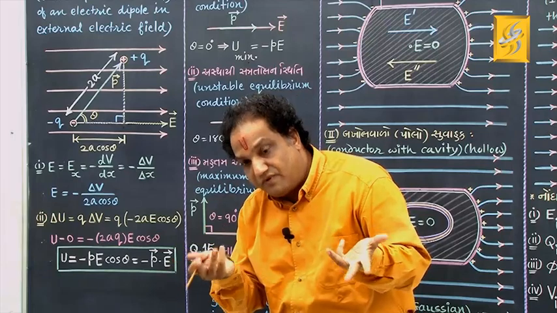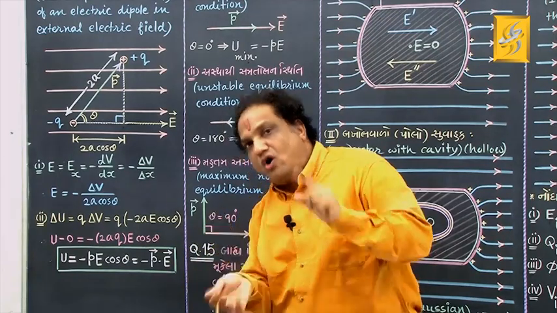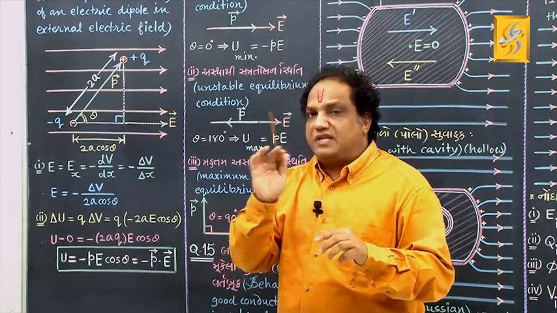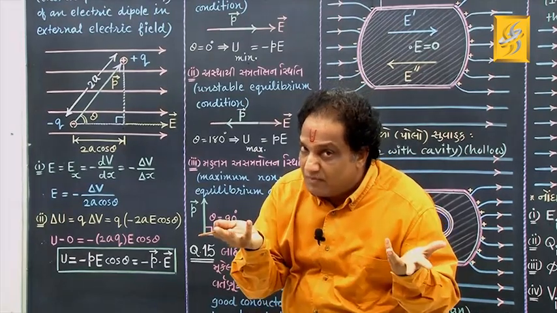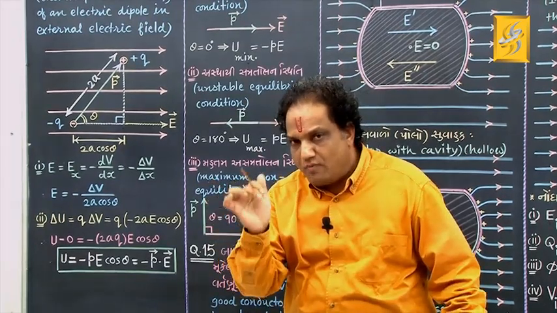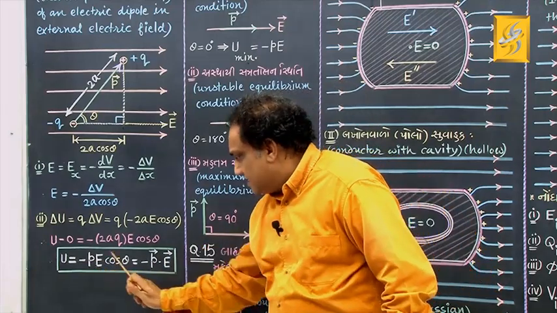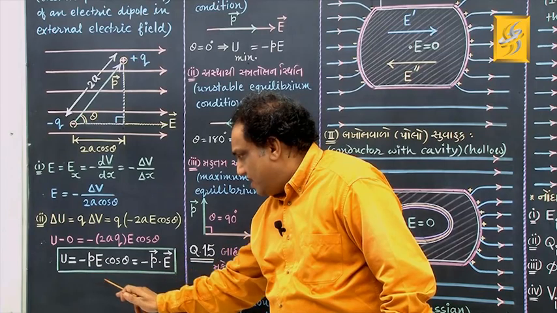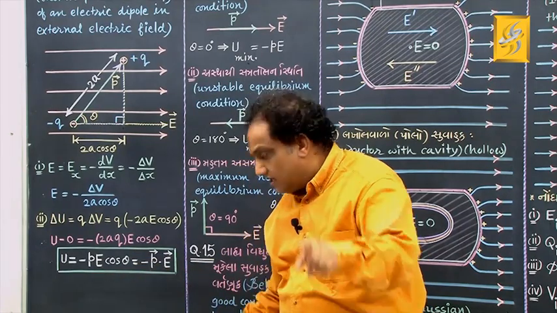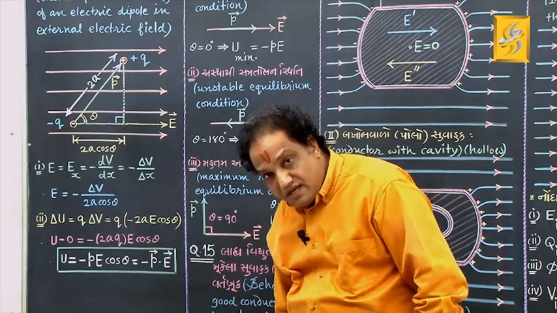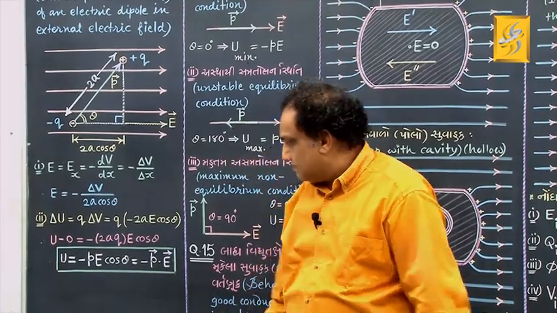So what is the formula of electric potential energy of electric dipole when placed in external electric field? What is the formula we got? U equals to minus P E cos theta, minus sign as it is. But what do you mean by P E cos theta? It is nothing but vector P dot vector E, correct? Fine.